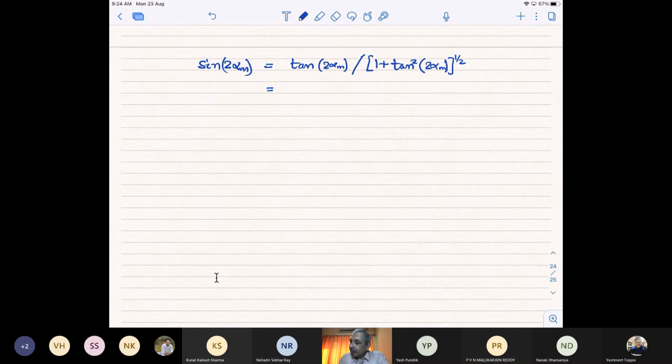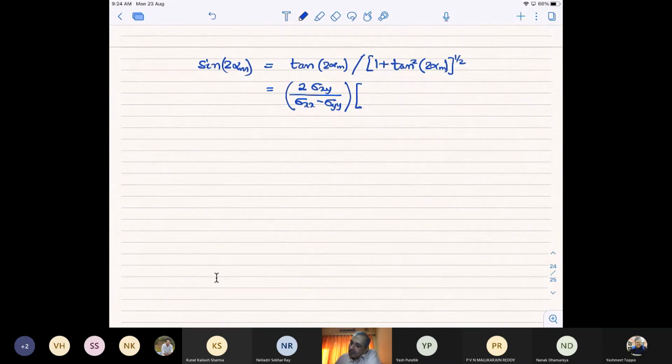Now we can substitute for tan of 2 alpha m. We know that it is just 2 sigma xy divided by sigma xx minus sigma yy. And then over here, I'm going to go the other way around.